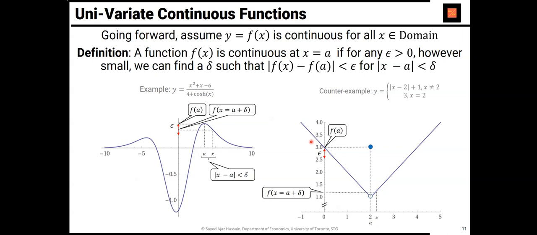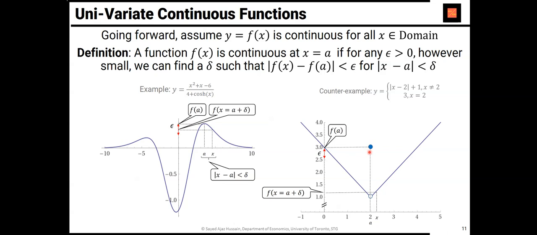Here I can't do this because the way this function is defined, it's right over here, but there's a hole here. And the function at this point, x equals 2, jumps over here. Intuitively, I now choose a value of epsilon, really small. Am I able to find a value of x so that the function value is really close? So this is f of a.